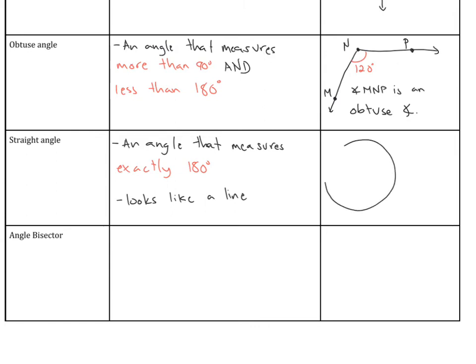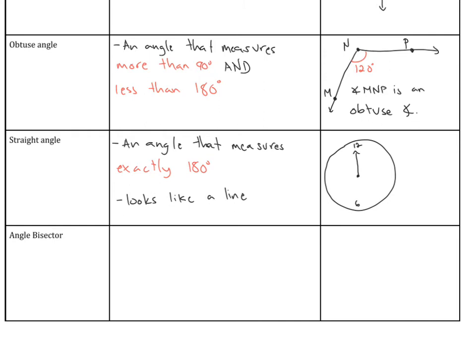So let's pretend I have a clock right here. Here is the center of the clock. All right, so right up here is going to be 12 o'clock, and down here is going to be 6 o'clock.